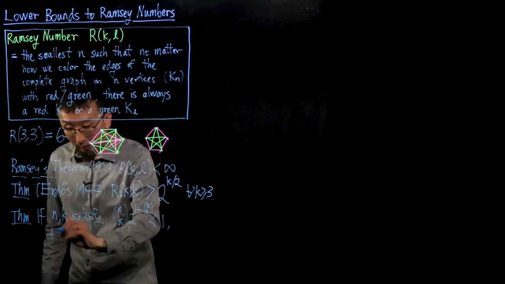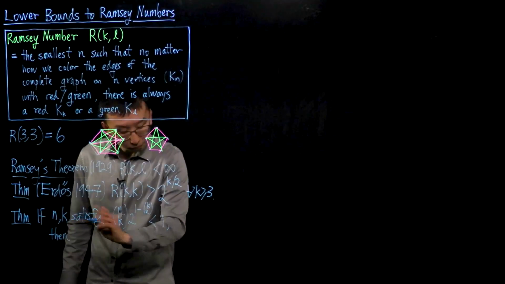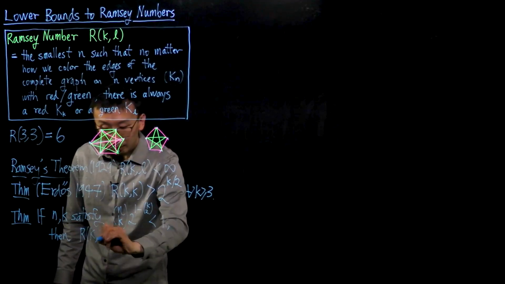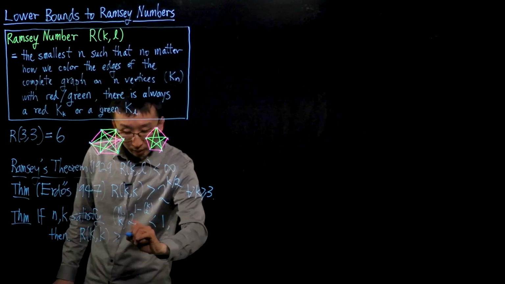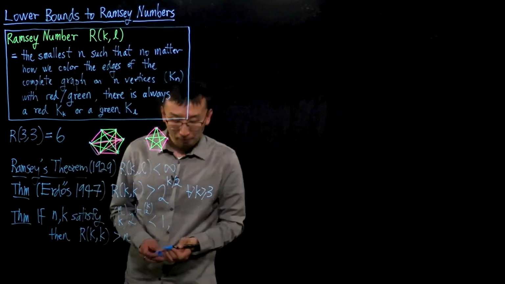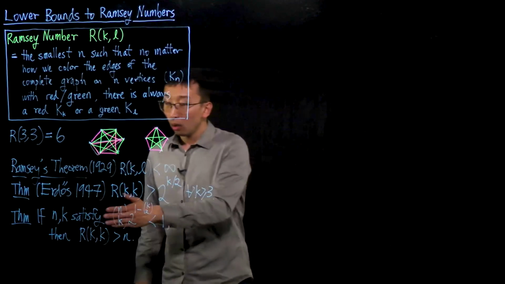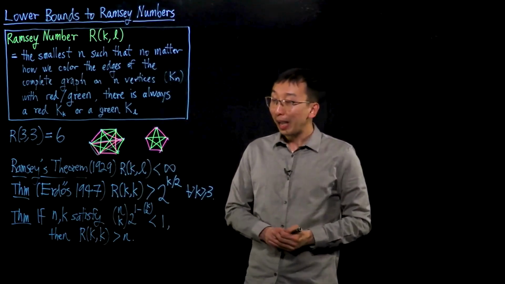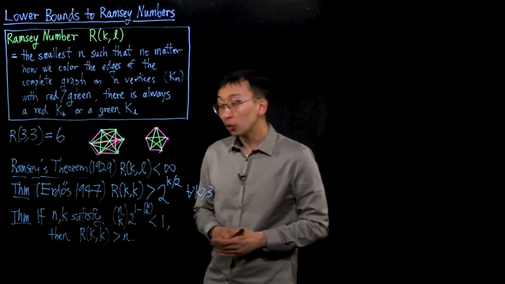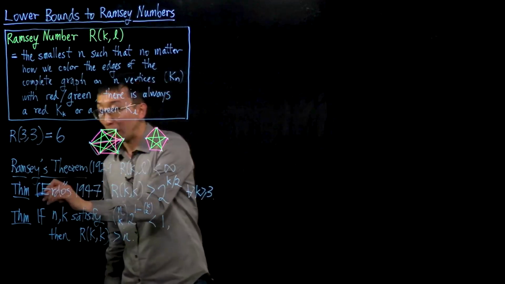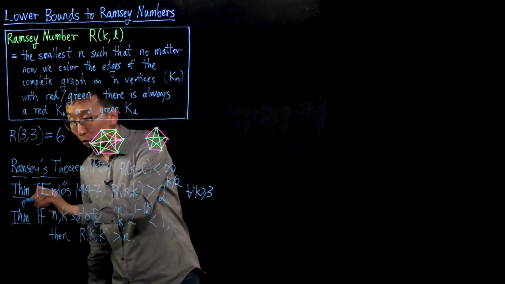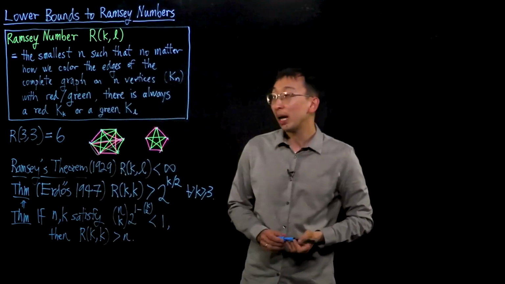Then R(k,k) is strictly larger than n. We will prove the second theorem, and by a calculation that is fairly straightforward, which I will omit, one can use the second result to imply the first result.